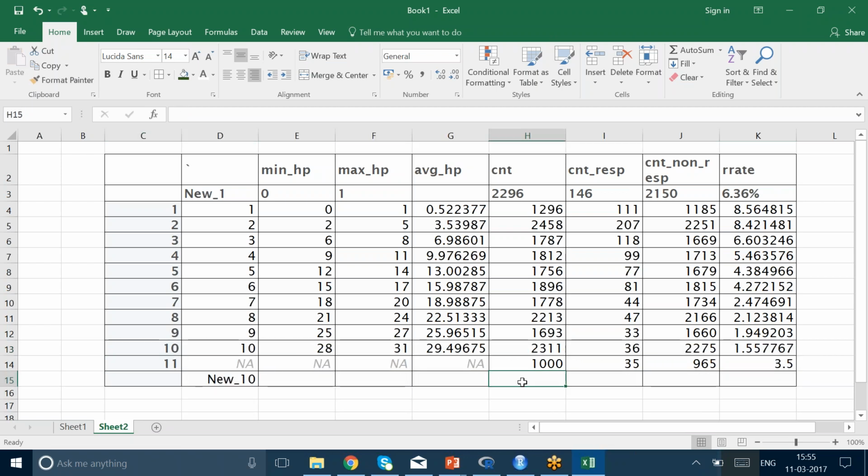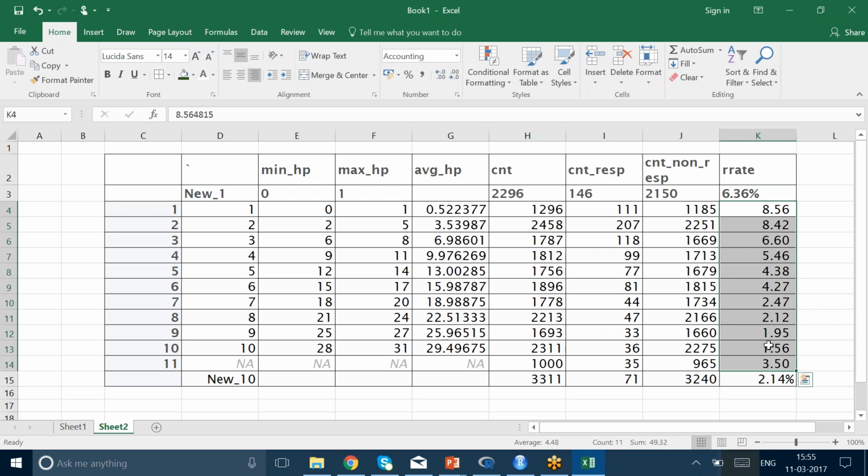New 10 would have become addition of this and the success rate here would have now become, they are actually at 1.55 percentage. 1.55 percentage response rate. 1.56, but now I am making them 2.14, which means unwantedly I would give them higher propensity in the model, which is again wrong.